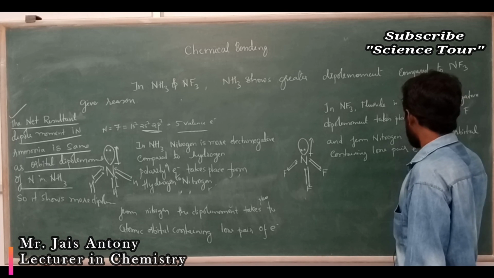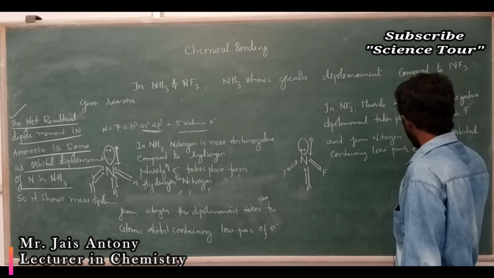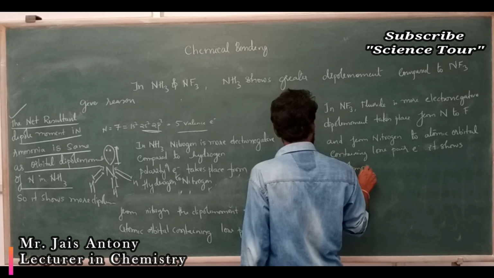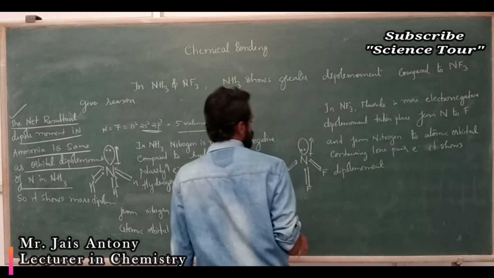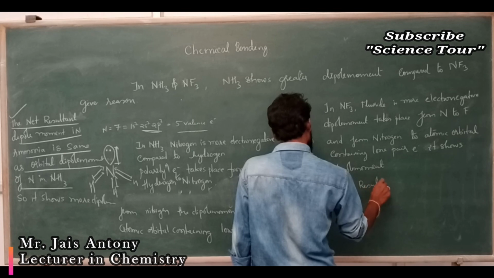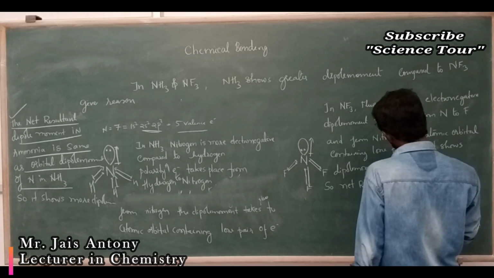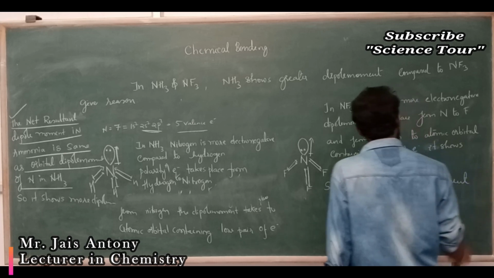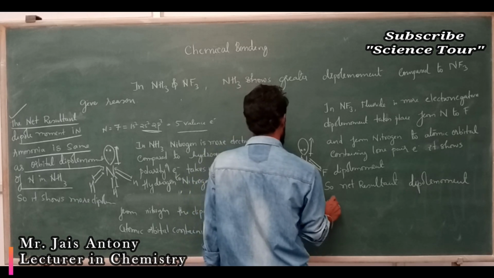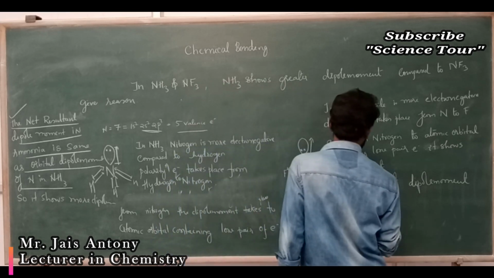Another dipole moment is shown by the lone pair of electrons. So the net resultant dipole moment is opposite to the orbital dipole moment.